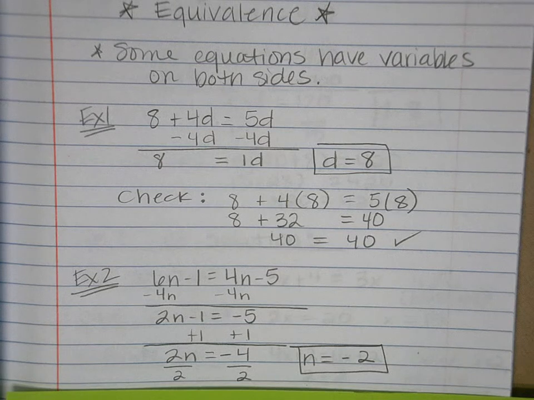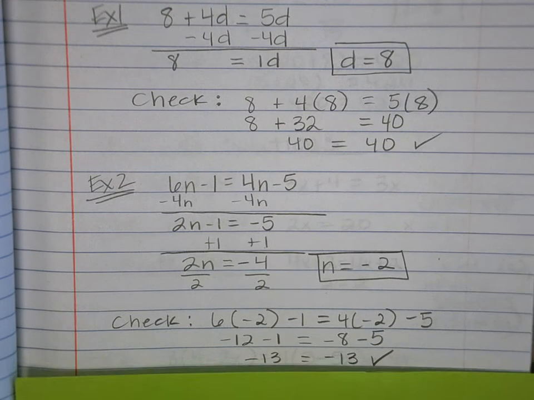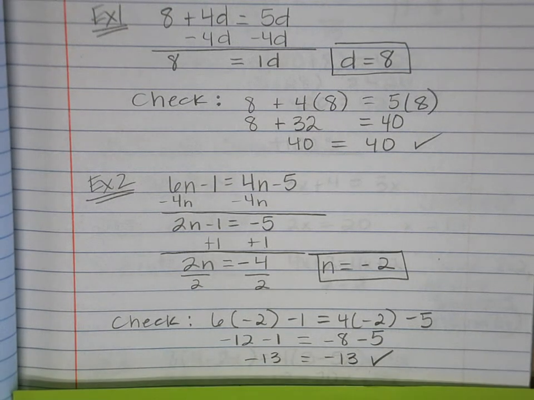Yeah. No. Maybe. Plug it in. So if we check, we plug in negative 2 wherever n was. Plug it all in. Negative 2 times 6 is negative 12 minus 1. Negative 2 times 4 is negative 8 minus 5. And they both make negative 13. You see how they're equal? Equivalence? That's what we're going for. This is why it's absolutely necessary, 100% great idea to check. Because if you don't get them equal, you did something wrong, didn't you?